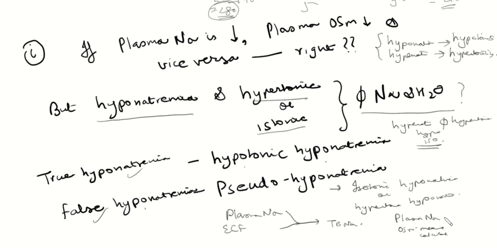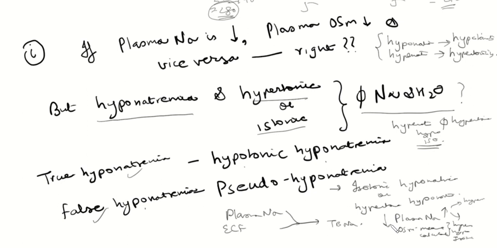And I can see if the patient is hypertonic, hypotonic, or isotonic. If my plasma sodium is high, I need to be hypertonic if it's an issue of sodium and water. If not, if I'm isotonic or hypotonic, that's a different issue. You with me on this?